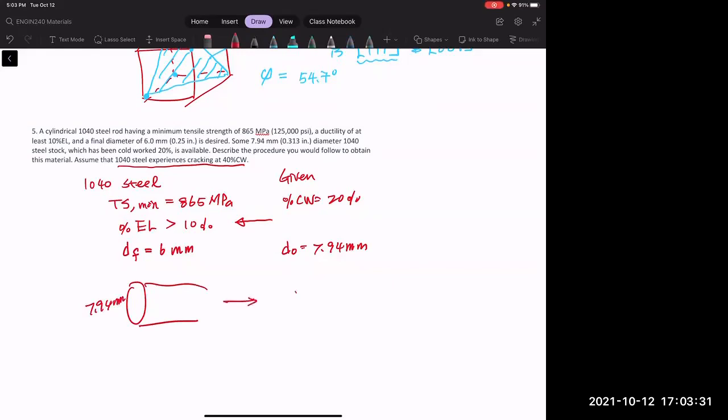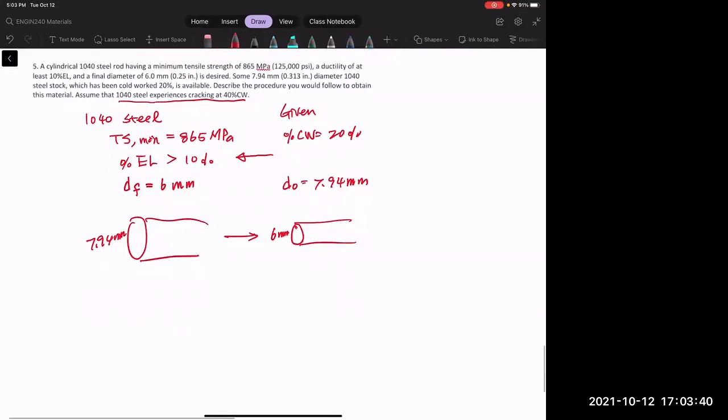I want to create a steel like this, which is only 6 millimeter in diameter. The easier way is to simply press it, extrude it to make it smaller. You just do cold work, then you can create that. If that is the case, then we can find out how much cold work we did.